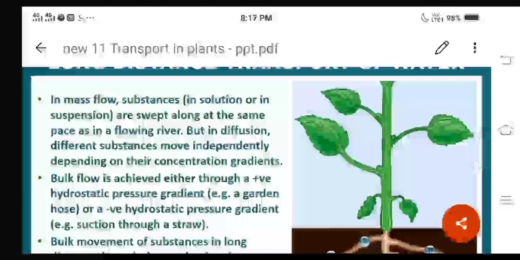And here, to understand how the hydrostatic pressure gradient develops in a plant, he has given one example, a garden hose. Garden hose means what here? This is one piece of equipment which is used to spray water onto the plants.